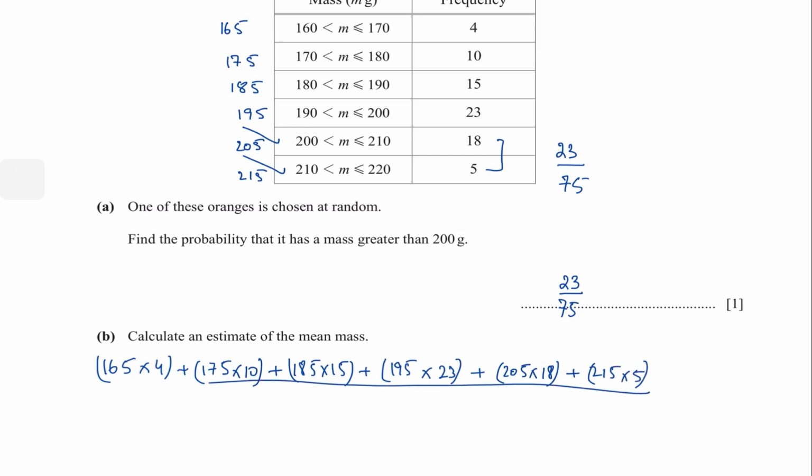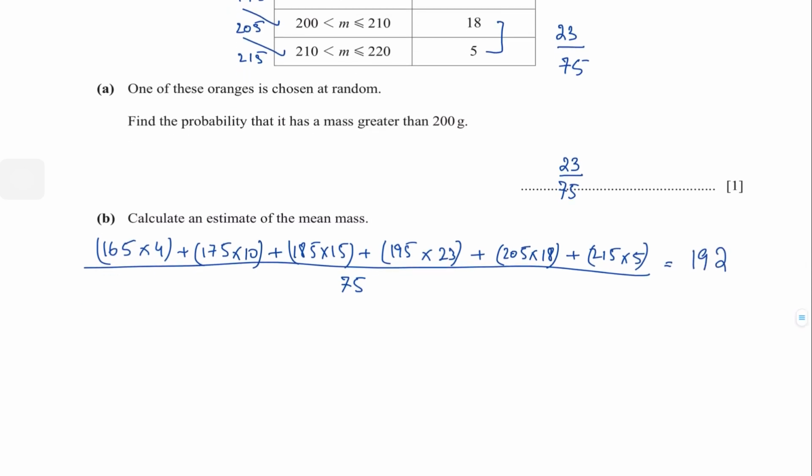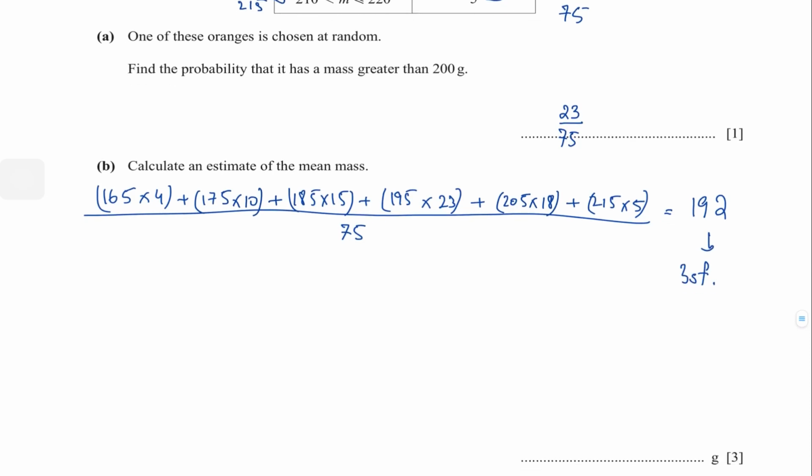Once you've done this, make sure that you divide this by the total frequency, which according to the question is equal to 75. I'm going to punch this in my calculator as it is. The answer, correct to 3 significant figures, is going to be 192. Remember, this answer is correct to 3 significant figures.